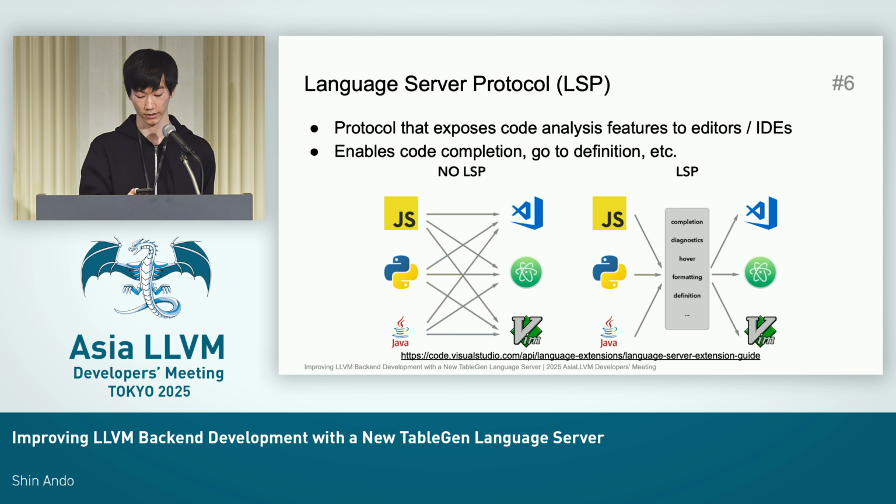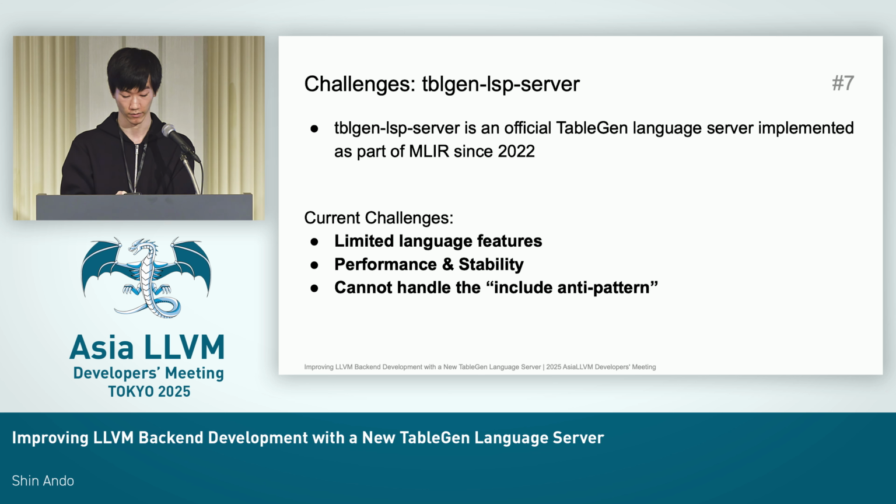In recent years, numerous language servers have been implemented and are in widespread use, including clangd and Rust Analyzer. Of course, language servers for TableGen have also been developed as LLVM's official language server. The TableGen LSP server has been under development as part of MLIR since 2022.